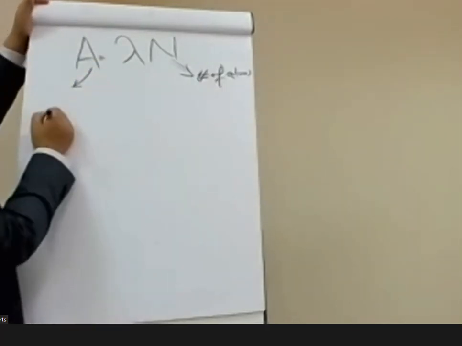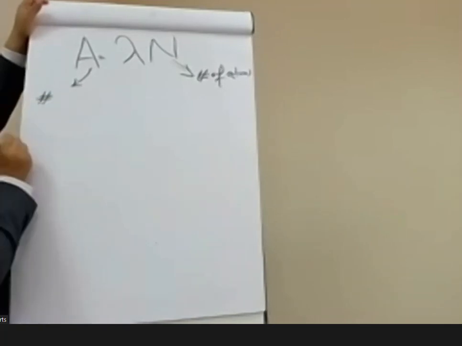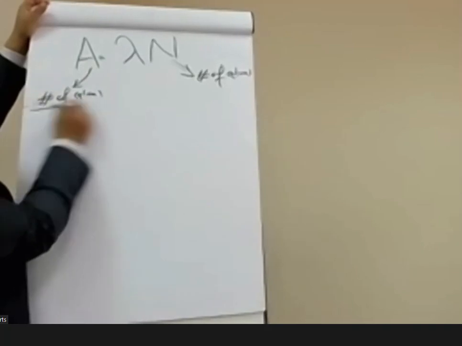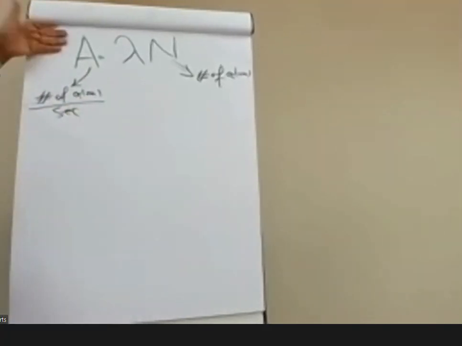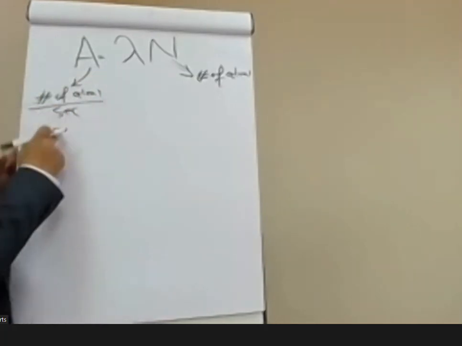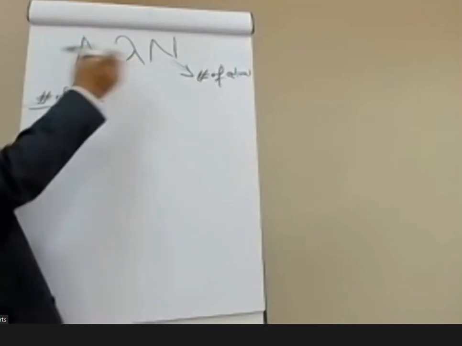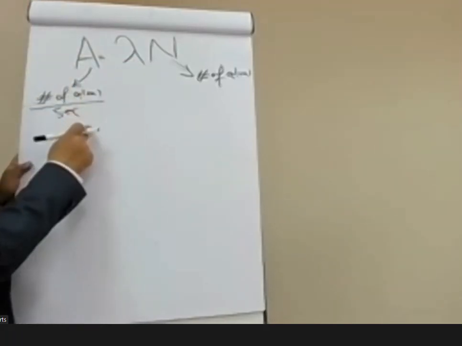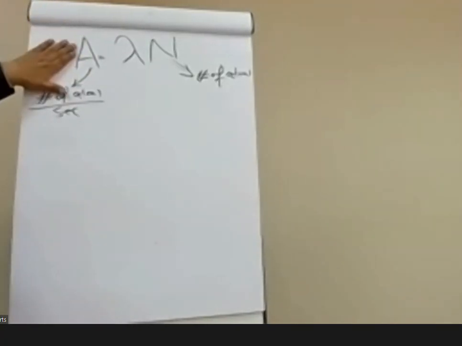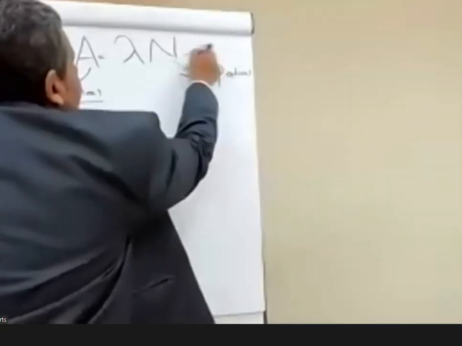This is how many atoms decay per second. This is what? This is becquerel, the number of atoms decaying per second. Assume I calculate 100 decays per second, meaning 100 becquerel. If I calculate 1,000 decays per second, meaning 1,000 becquerel. So the activity, when I calculate it, will be in becquerel.